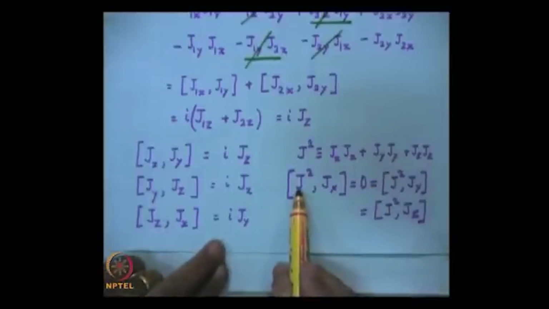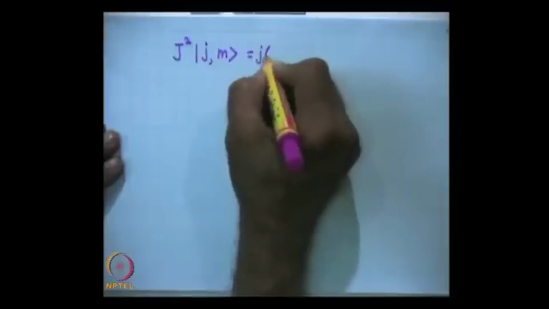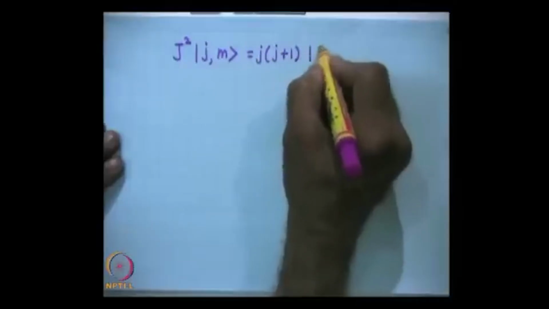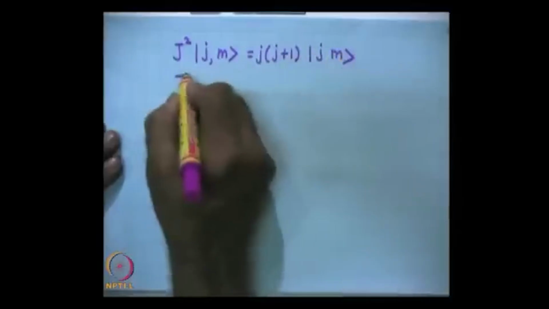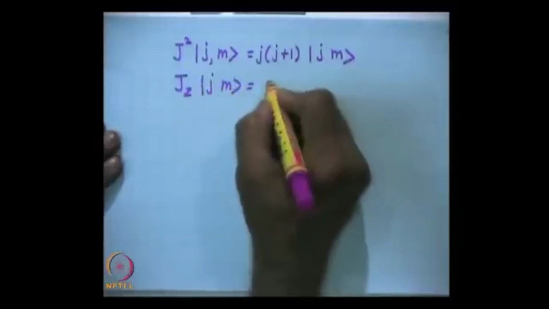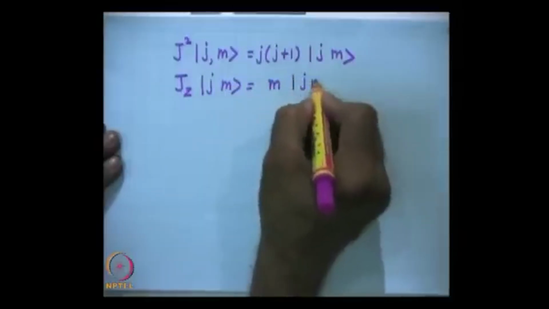Therefore, J square, Jx, Jy and Jz satisfy the usual commutation relations, and therefore, we can have simultaneous eigenkets of J square and Jz, which I write as |j m>, with J square |j m> equal to j(j plus 1) h cross square |j m>, but I assume h cross to be 1, and Jz |j m> is equal to m h cross |j m>.